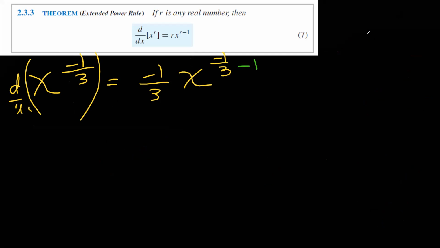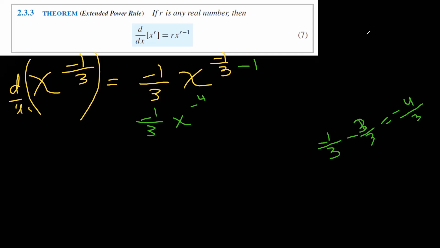Minus 1. Now, negative 1 over 3 minus 1, it's like minus 3 over 3. You will add them, so it will be negative 4 over 3. Is it right? Yes. So, here, negative 4 over 3.